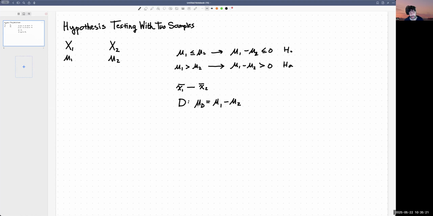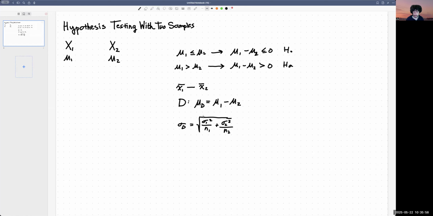If we knew the standard deviations of the original distributions, x1 and x2, then we can compute that the standard deviation of D is equal to the square root of the standard deviation of the first distribution squared over the sample size, right? Remember, we're taking sample means to get x1 bar and x2 bar. And we simply add to this the standard deviation squared of the second distribution over n2, the sample size for the second sample.